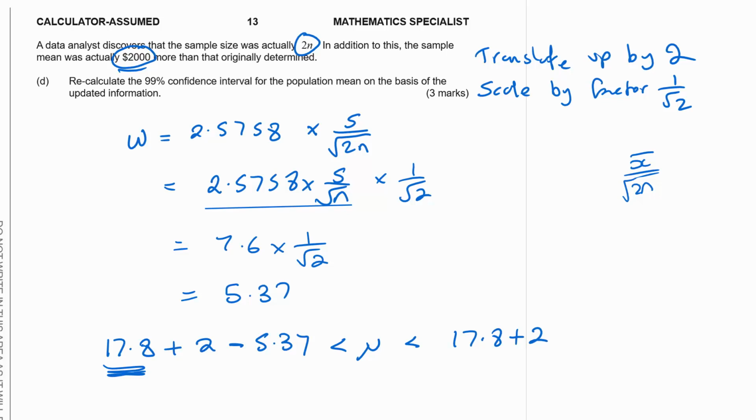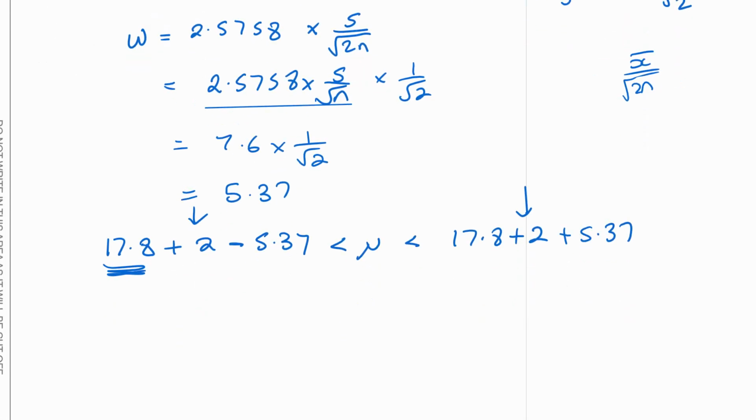This 2, of course, is the 2 that we're translating up by because of the 2000 just here. And that one will be plus 5.37. So just calculate that, and it gives us 14.43 and 25.17.